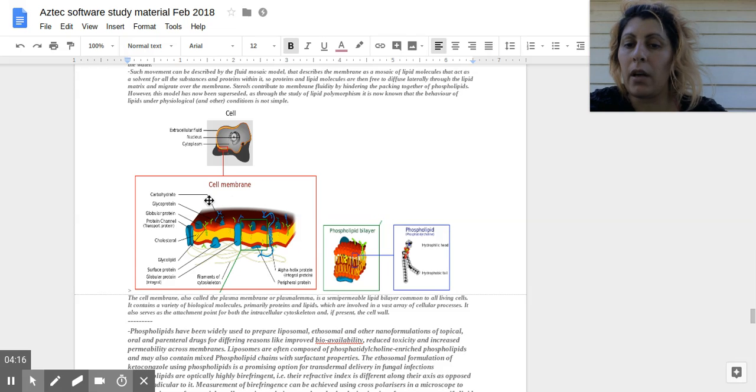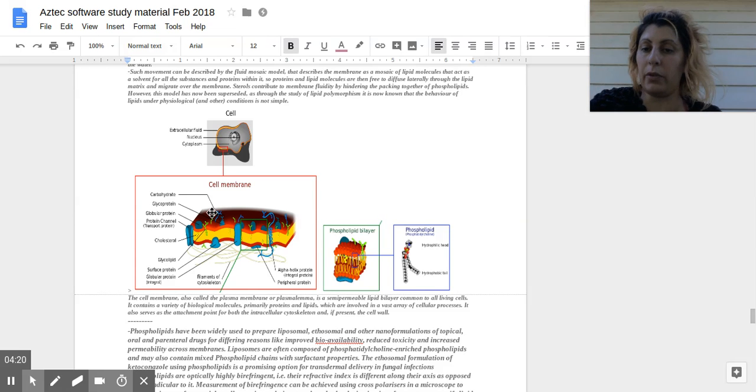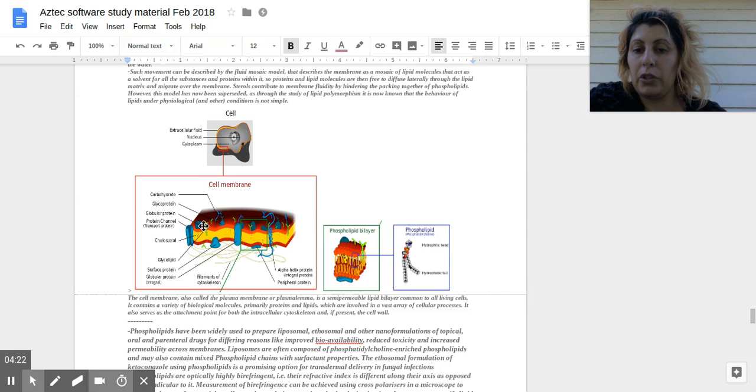Also used as receptors and for signaling pathways are other molecules such as glycoproteins, which are proteins with a sugar group or carbohydrate attached.